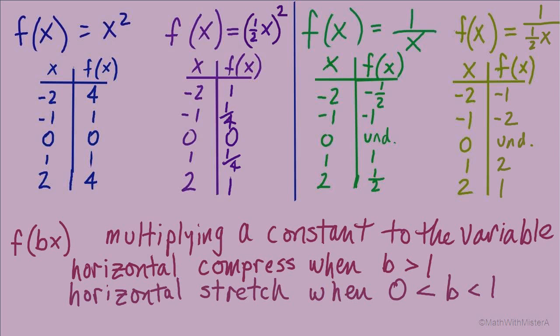And the visual result is that the graph appears to be larger, the horizontal stretch. And when we do b is greater than 1, we're actually stretching out that coordinate plane. And as a result of stretching out those axes, the graph that was there appears to be smaller. And that's why it appears to us as a horizontal compress in that scenario.